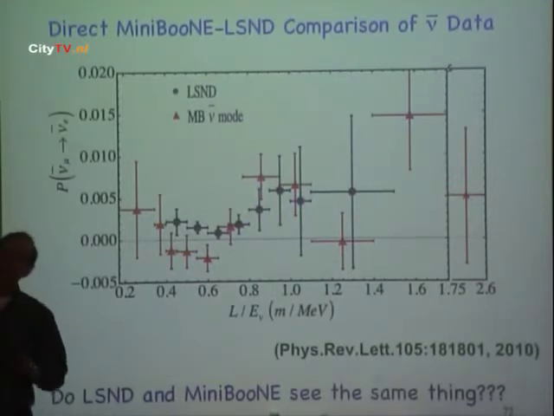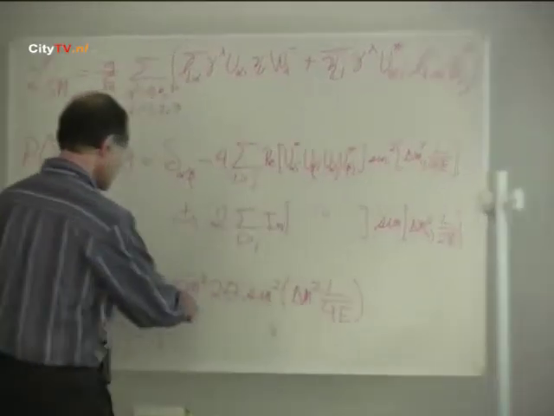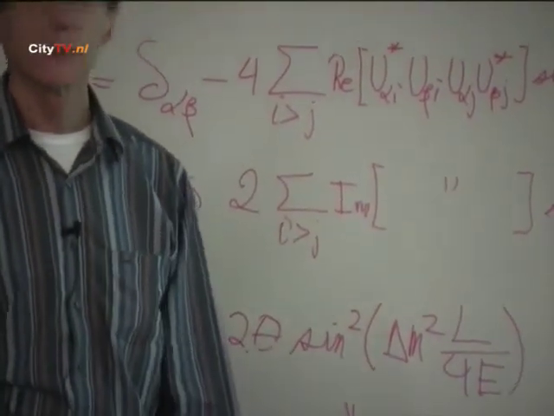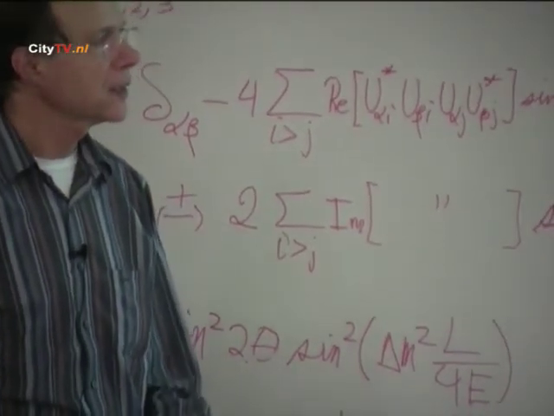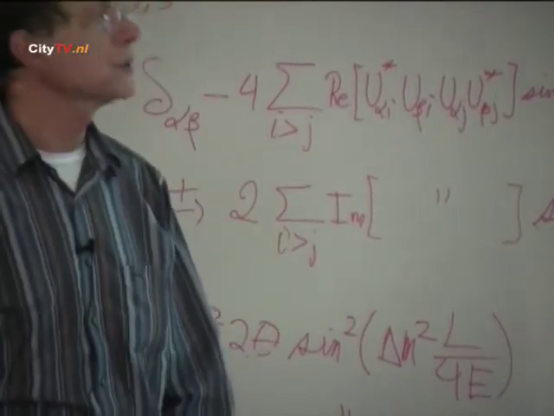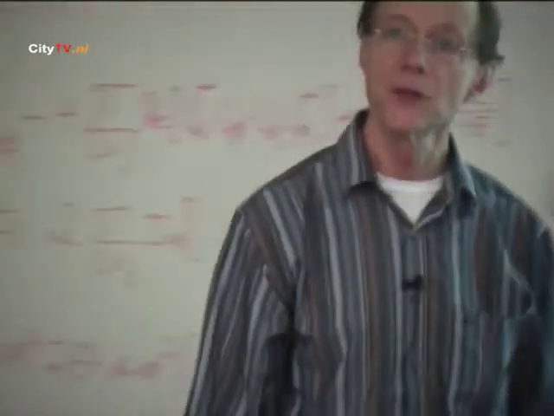So what you get is a region in delta m squared and sine squared 2 theta space. And the interesting thing is that the two experiments are consistent with a non-zero oscillation and consistent with each other in those terms. So it's not a unique point in that space, but it's a region.